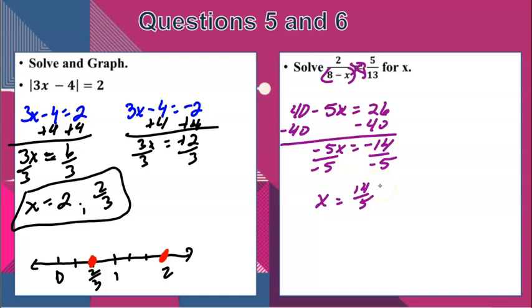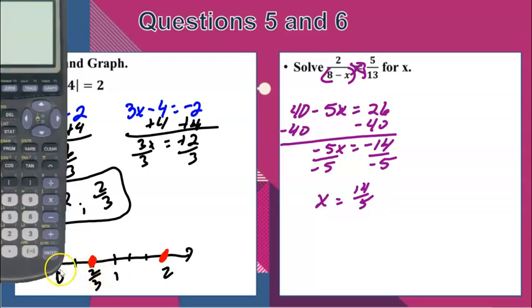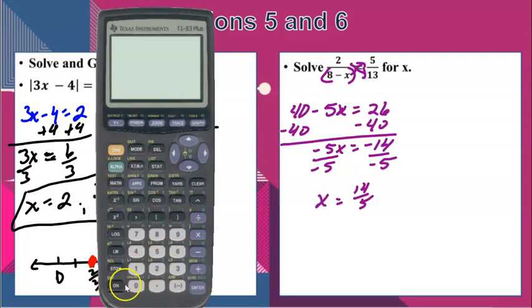Now you can always verify this by plugging that back in for x. So let me get my calculator here. If I did 8 minus 14/5, so 14 divided by 5, this is going to give us 5.2.